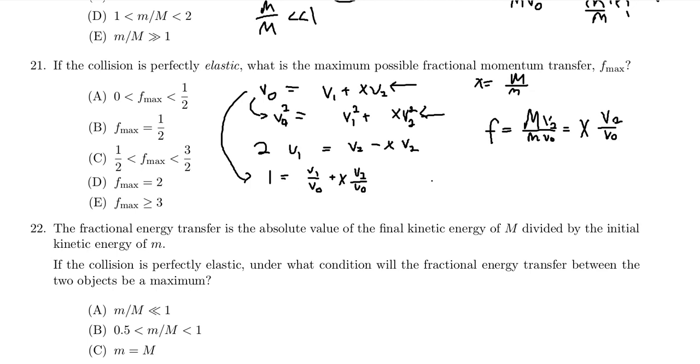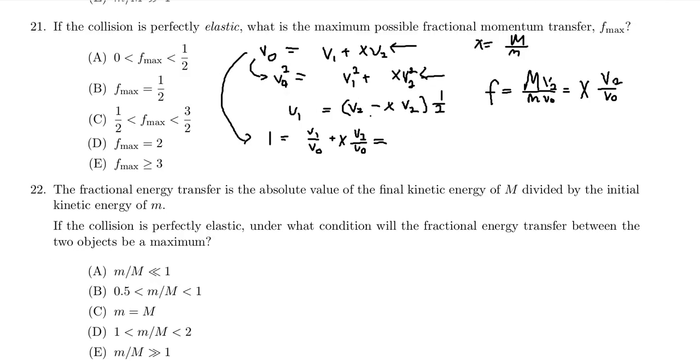And so we can substitute v1 here. If I divide this whole thing by 2 and get a 1/2 here, then we can plug in what v1 is, and everything will be divisible by v2 over v0, or we can factor that out.